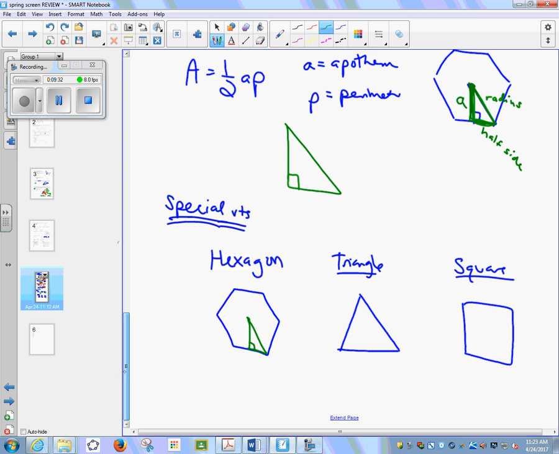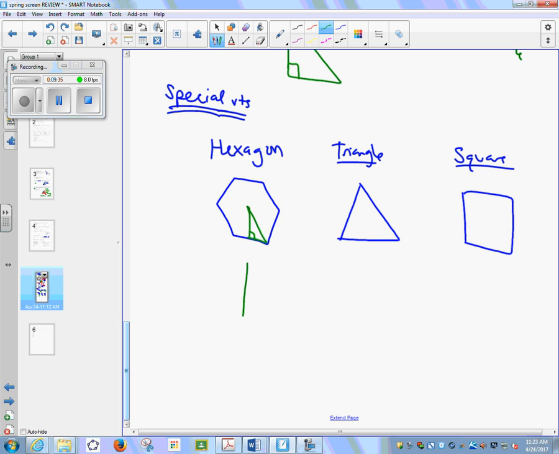That special right triangle is a 30, 60, 90 triangle, where the 60 degrees is here, the 30 degrees is there. This is the apothem. So if the length of the side is, let's say, 10, that makes this 5, and the apothem would be 5√3. There's no SOHCAHTOA on the test.